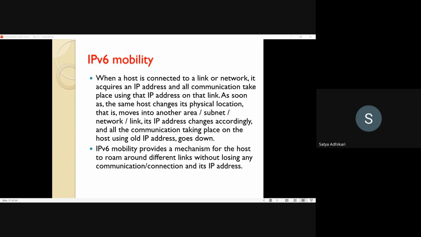Any problem or issues, you can ask. Sir, can you share this PPT with us? How can I share? Can you give your email ID? Yes, I will paste my ID in the chat.